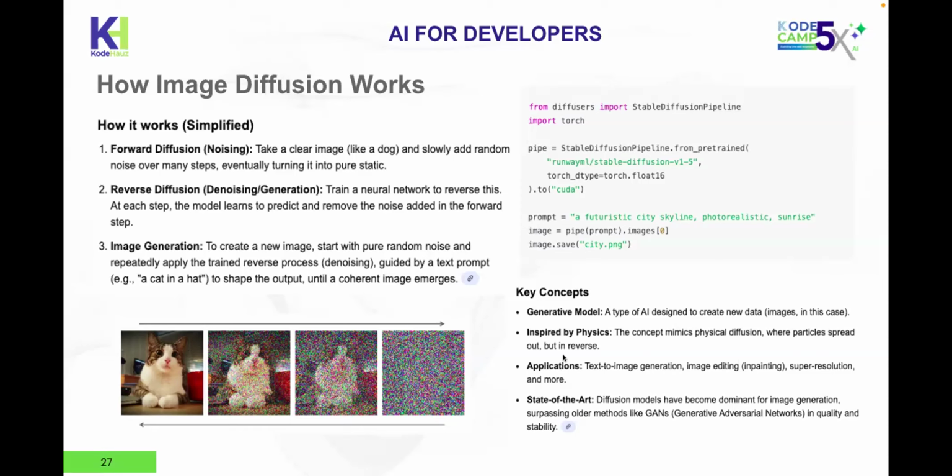So some of the applications of image diffusion: text to image generation, like we said, you can put a prompt and have an image come out from it. Then image editing as well, what we call inpainting. In those days with Photoshop, you couldn't really edit images much.